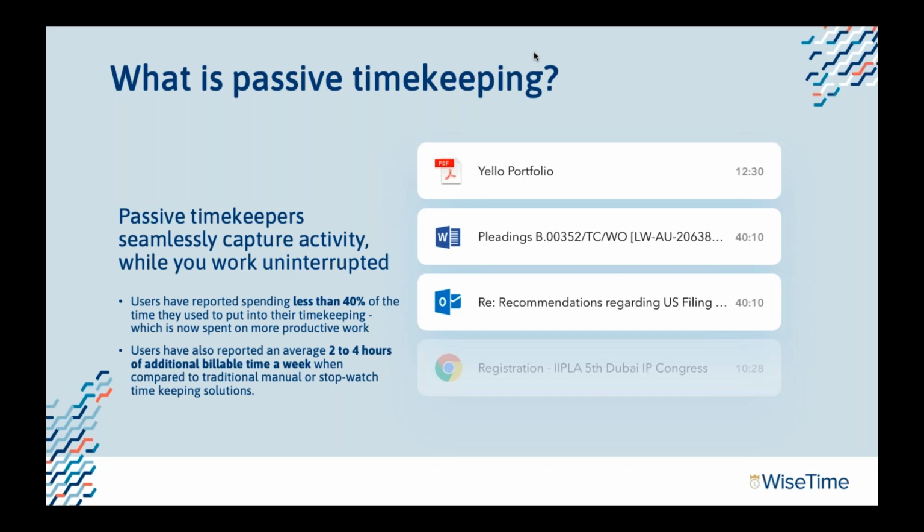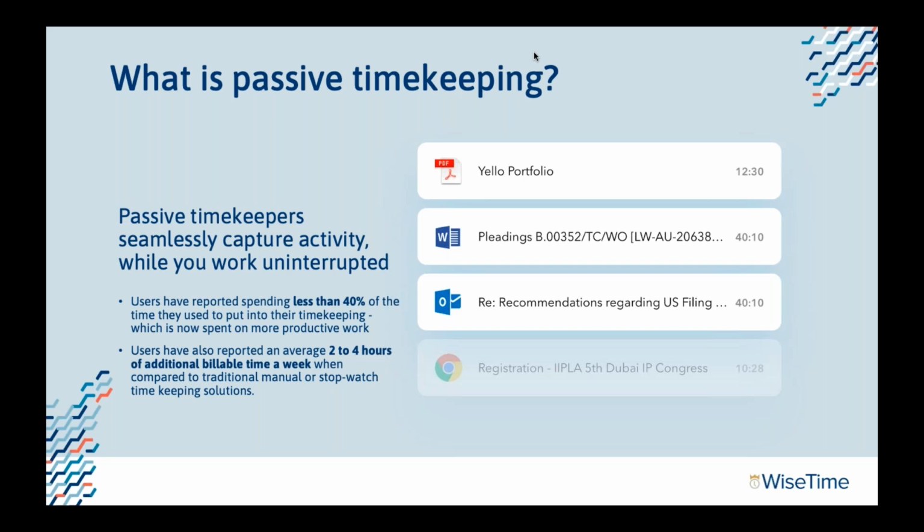So our WiseTime users have provided us with some results after using WiseTime. We've heard that users are spending less than 40% of the time they used to put into their timekeeping. And of course, this time is now spent on more productive work.